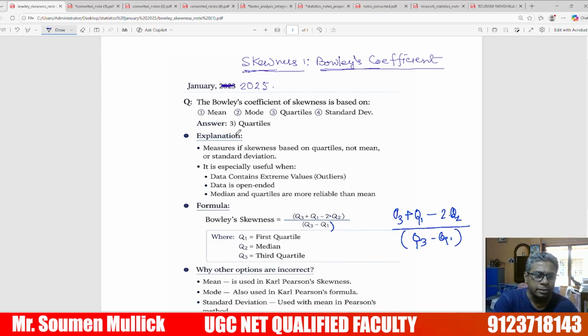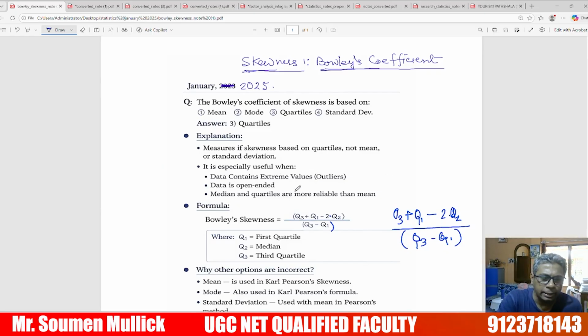Explanation: the measure of skewness is based on quartiles. In the case of the Bowley coefficient, it is based on quartiles, not mean or standard deviation. It is specifically useful when data contain extreme values or outliers, or the data is open-ended. Median and quartile are more reliable than mean.